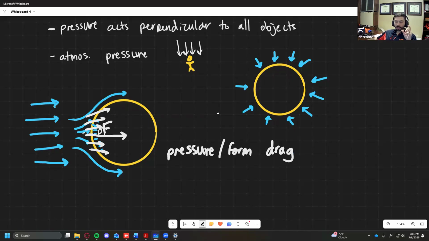So intuitively, this is leading up to the future. How could we reduce the form drag of this object? If we had control over the shape, what do you think we could do to the shape to decrease this form drag?